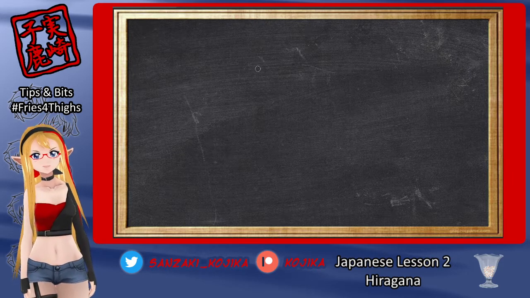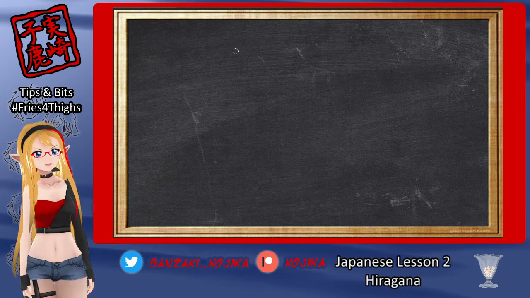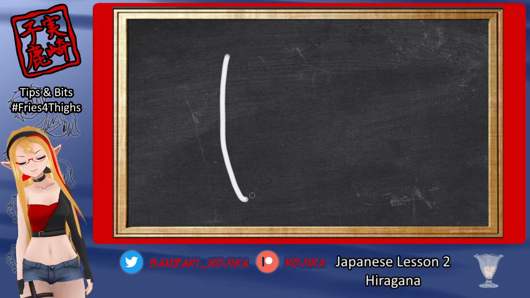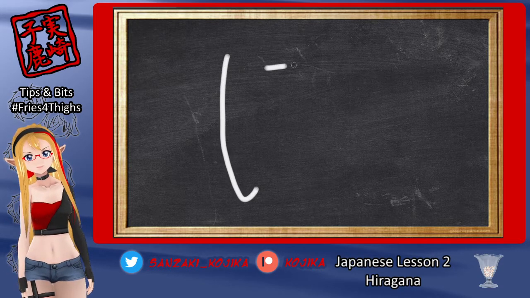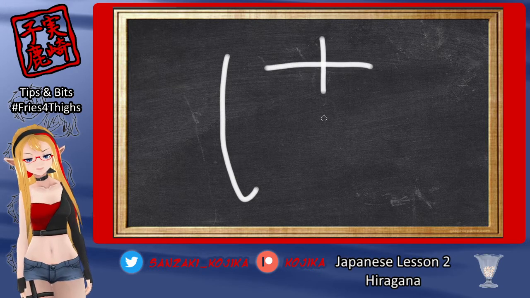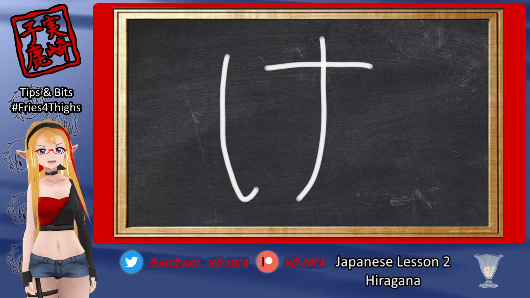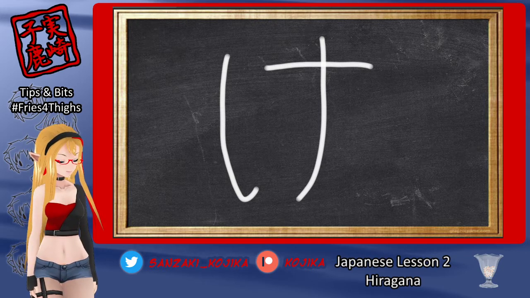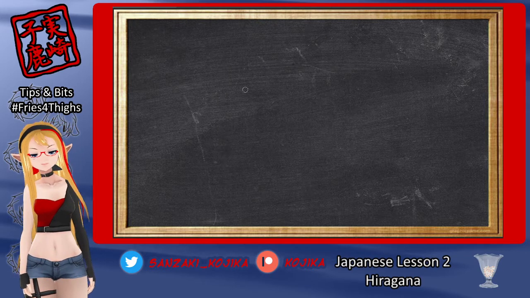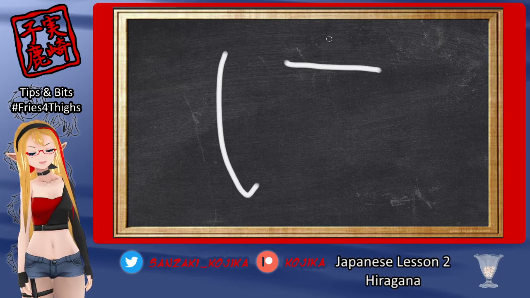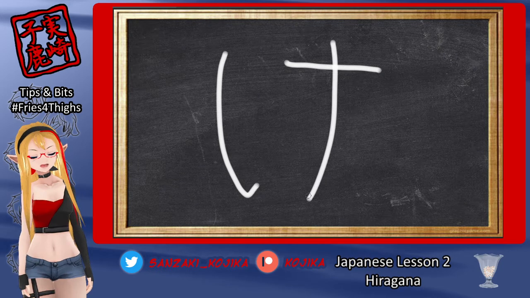All right, ke is going to be another one that might confuse you. Welcome back, Zil. All right, so ke. 1, 2, 3. As you can see, the strokes are kind of weird again. But you also see we're going left to right, and up to down.